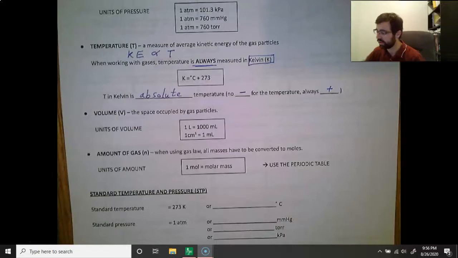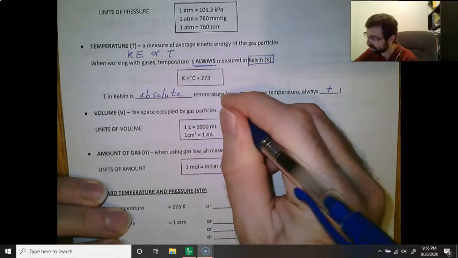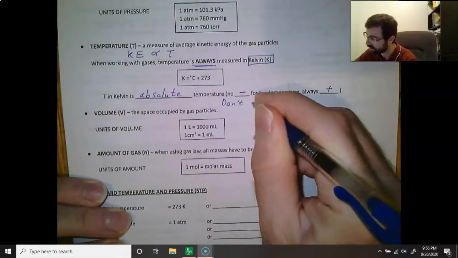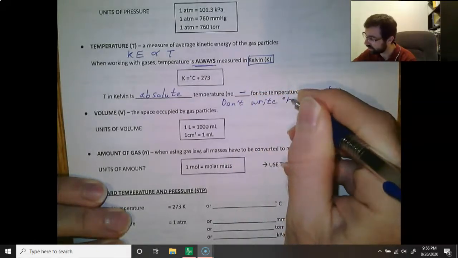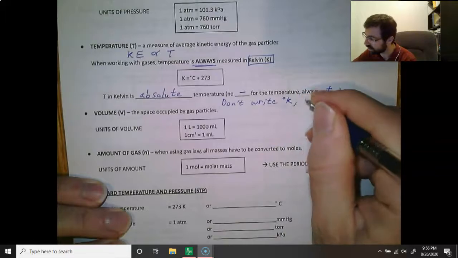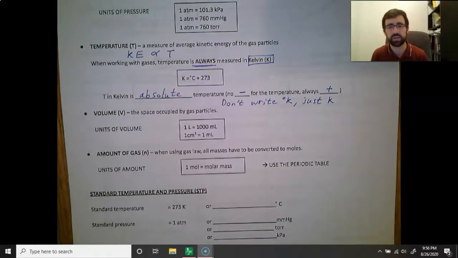Another thing, let's just put this here. Don't write degrees Kelvin. It's just kelvins. So if I have 273 Kelvin, I'm going to just write 273 K. Don't write a degree sign for Kelvin.